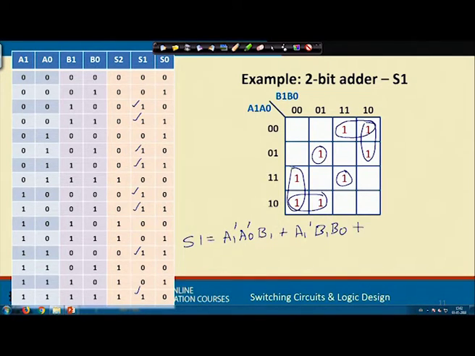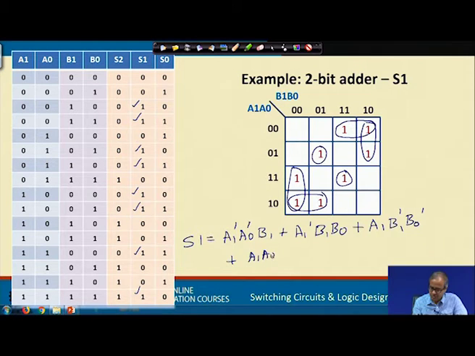Plus let us look at this one, 1 1 1 0 is A1, 0 0 B1 dash B0 dash. And this one, 1 0 is A1 A0 dash, and 0 0 0 1 is B1 dash.